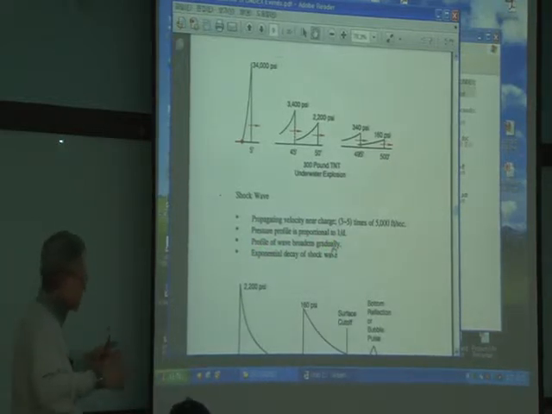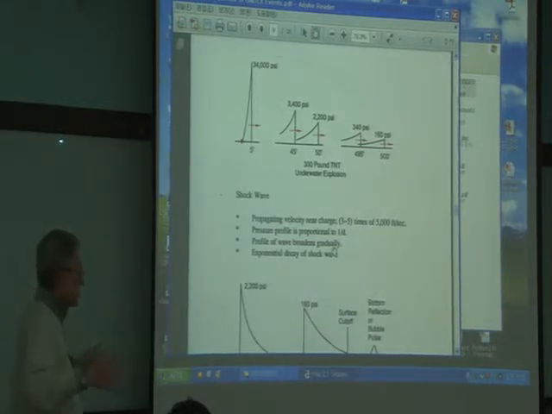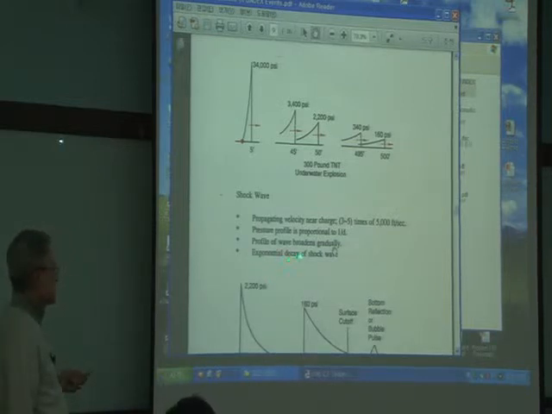Of course, when you look at the spherical wave, as it propagates outward, the wave front is getting larger, and there is exponential decay of the shock wave.